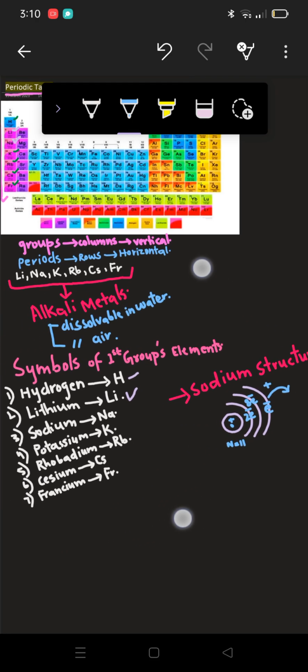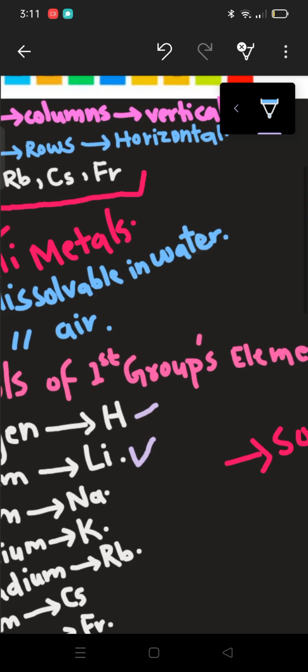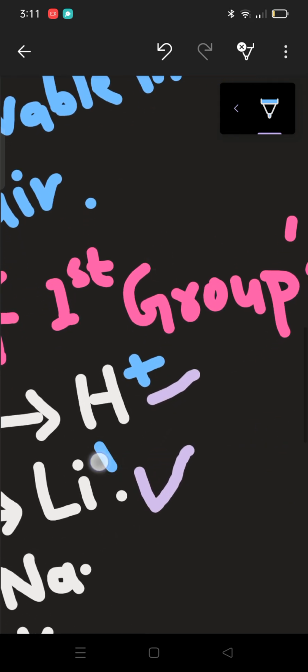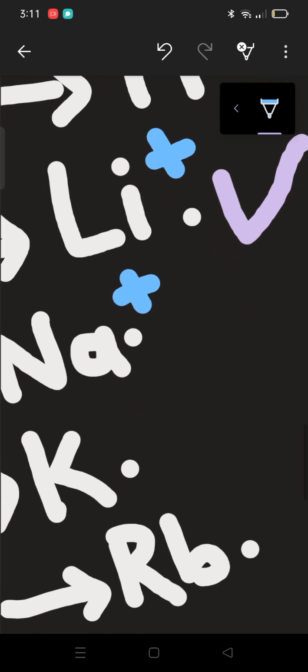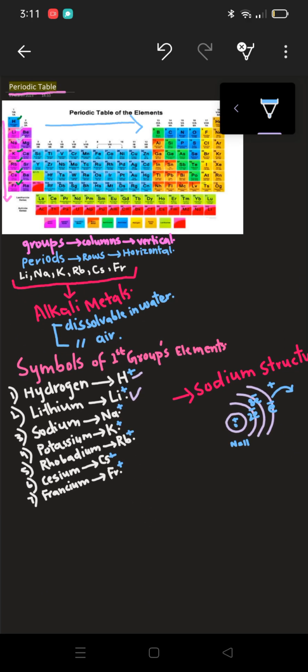Not only sodium, but all the elements present in the first group will always carry a positive charge, because every element of the first group has only 1 electron in its outermost shell, and it will always lose that electron when making a bond with another element. Hydrogen, sodium, lithium, potassium, rubidium, cesium, and francium will all carry a positive charge just because they are losing 1 electron from the outermost shell.